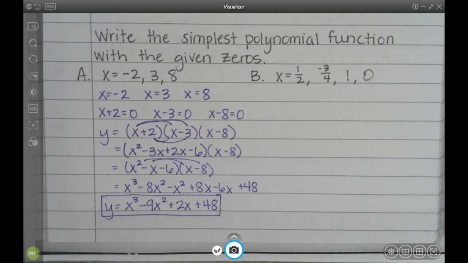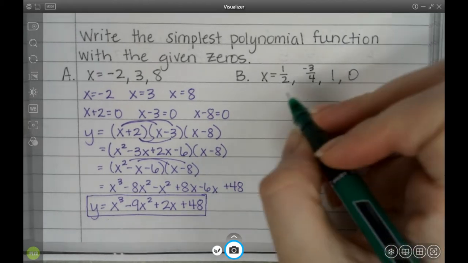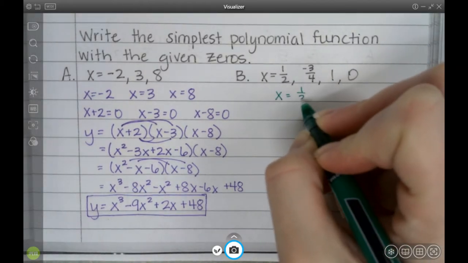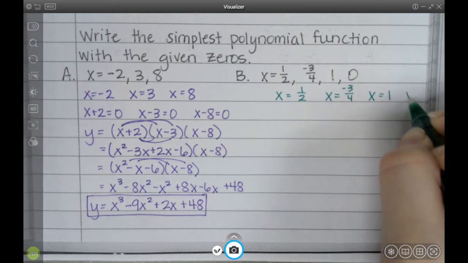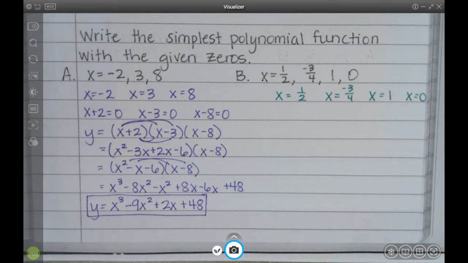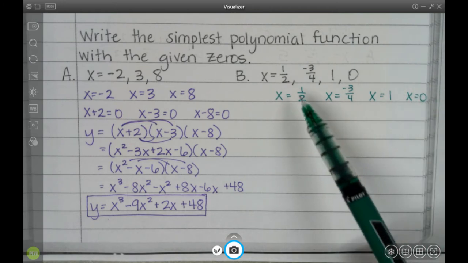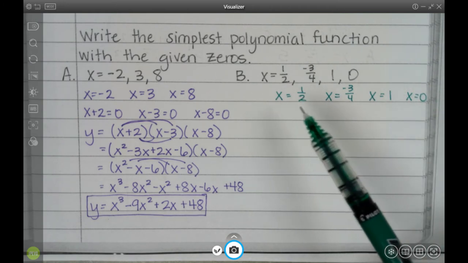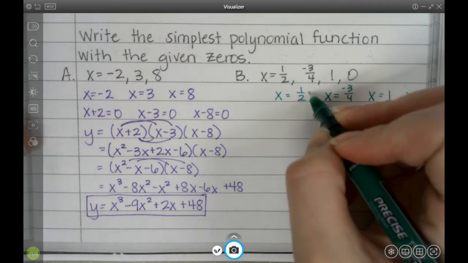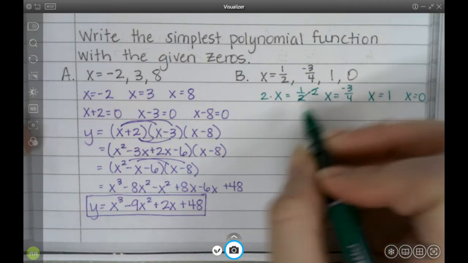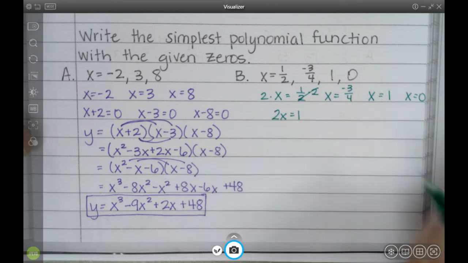Okay, so I'm going to get you started on part B, and then I'm going to let you finish it. So I'm going to let x equal each one of these. What's my first step when x equals 1/2? What am I going to do first? Multiply by 2. So that's going to give me 2x equals 1.